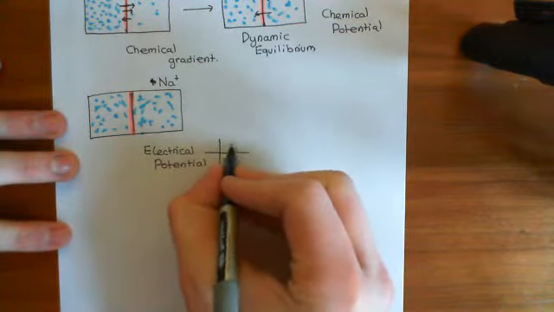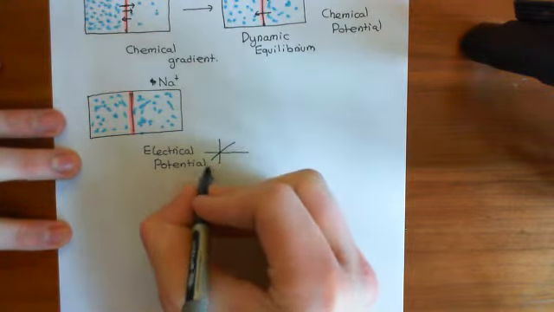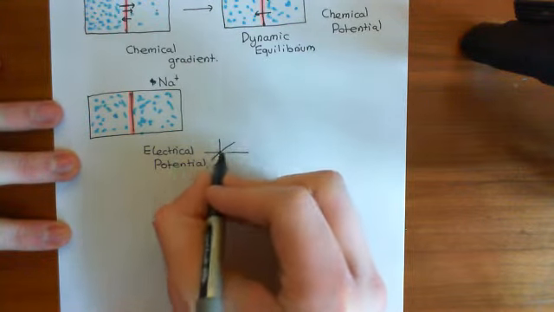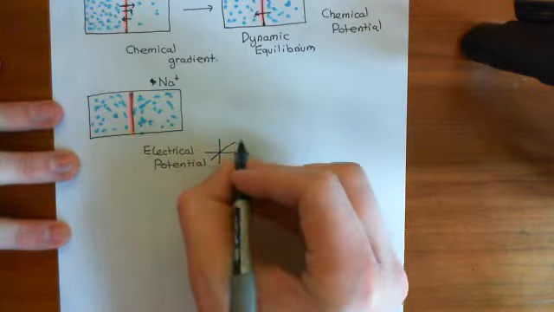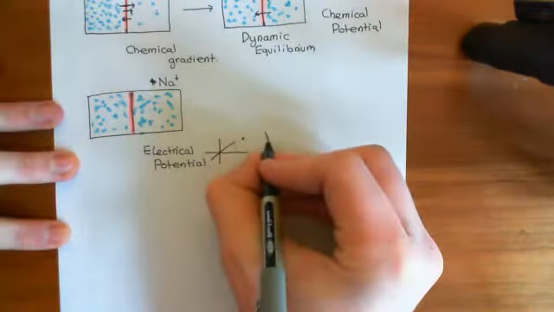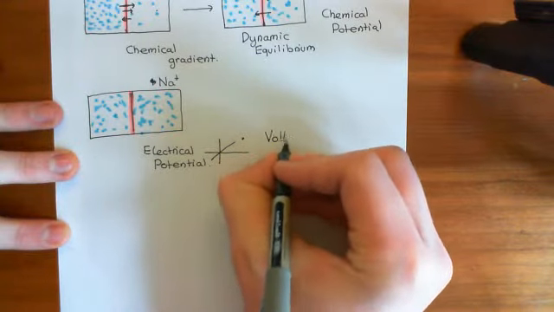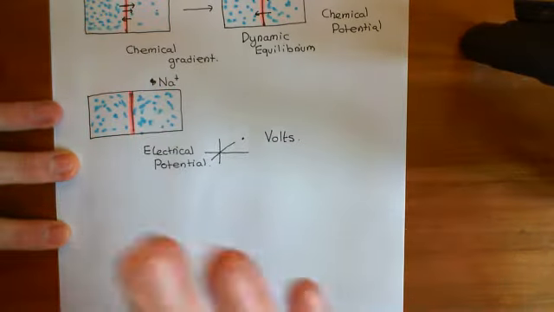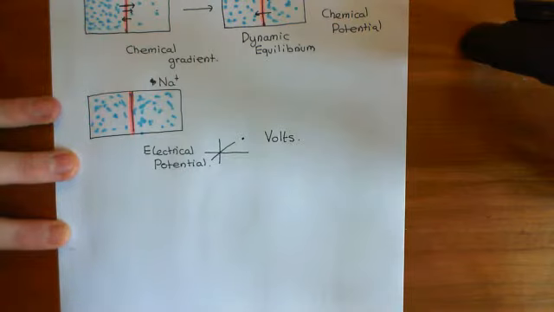So if I draw a little three-dimensional graph here, to every single point in three-dimensional space, you are going to ascribe this number, which is going to be the electrical potential of that point. And the units of electrical potential are volts. So every point gets this electrical potential in volts.